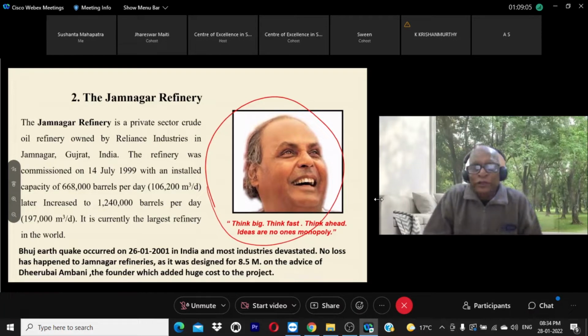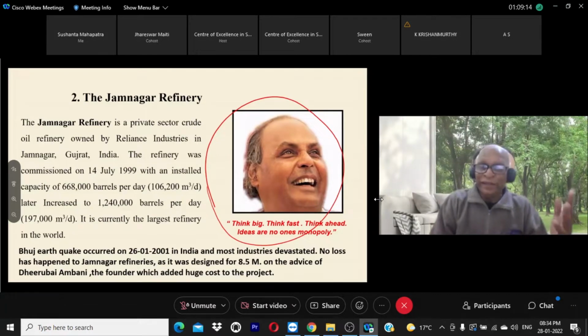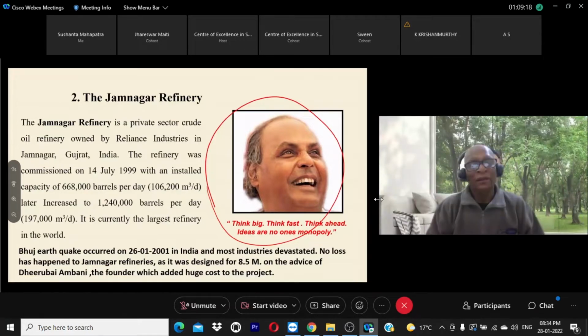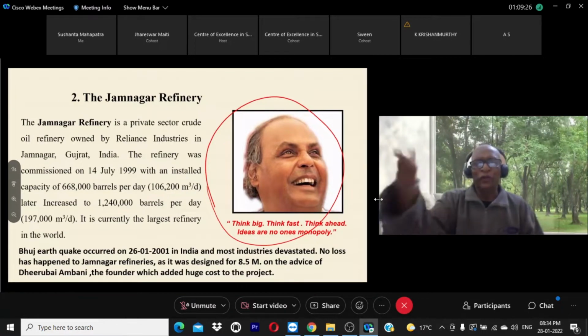When the engineers went to Dhirubhai Ambani, who was not an engineer, they explained the problem to him. So he said, what is the maximum earthquake which has come in those areas? It should be protected for that. They said some 7.5. He said, go for 8.5.